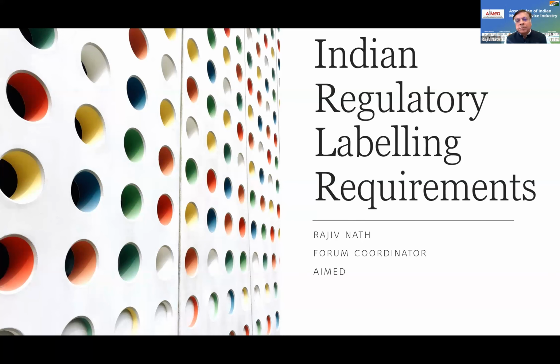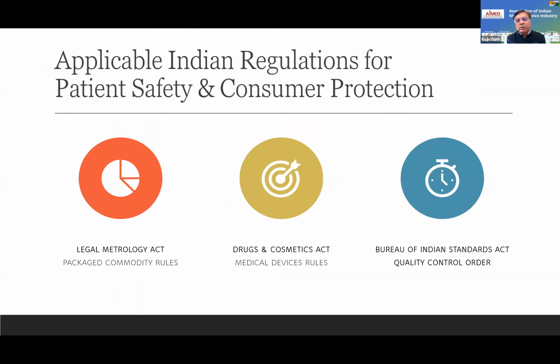So this presentation is basically going to give you a quick checklist about the impacts of various regulations on you. There are 3 regulations which manufacturers need to consider in terms of patient safety and consumer protection. One is the Legal Metrology Act, which comes under the Department of Consumer Affairs. Under this are the Packaged Commodity Rules, which govern your products, especially the products which are going to be sold on retail sale.